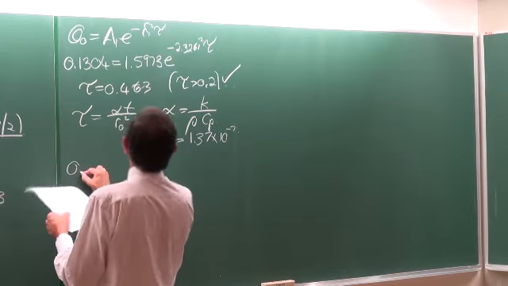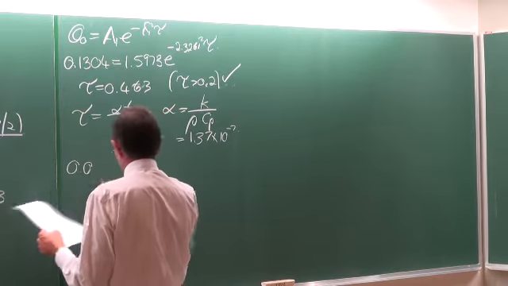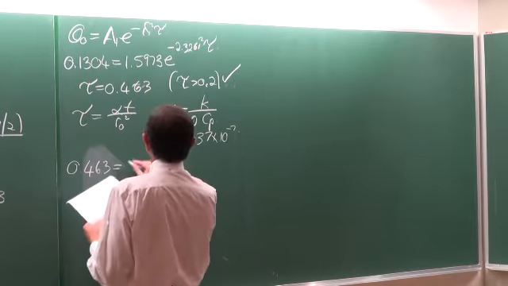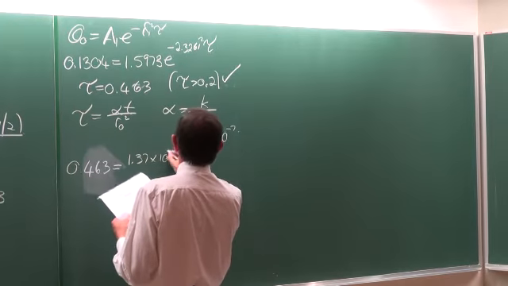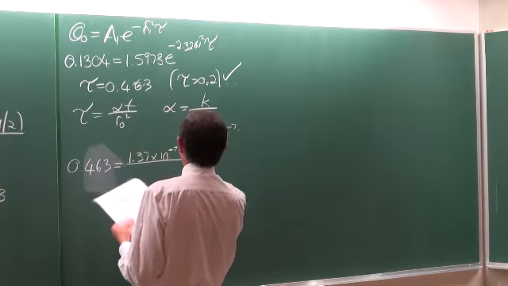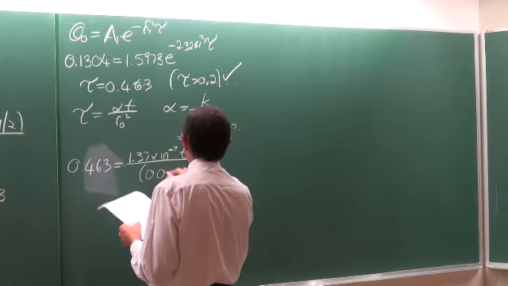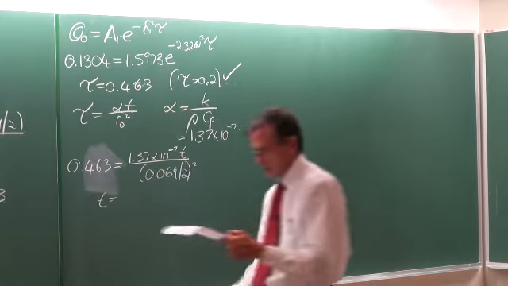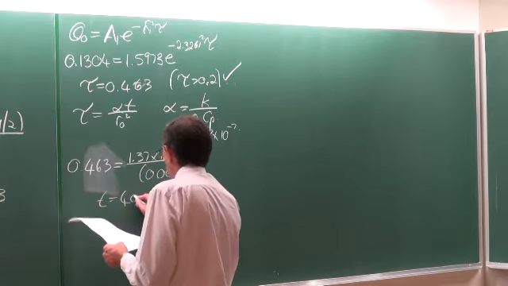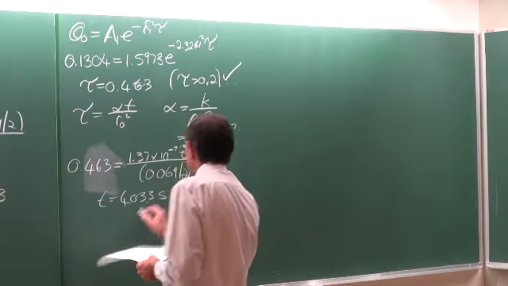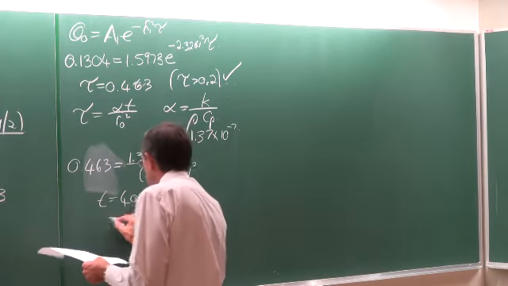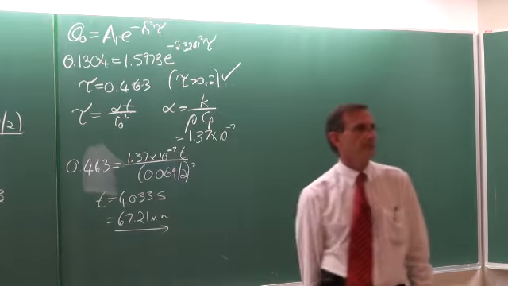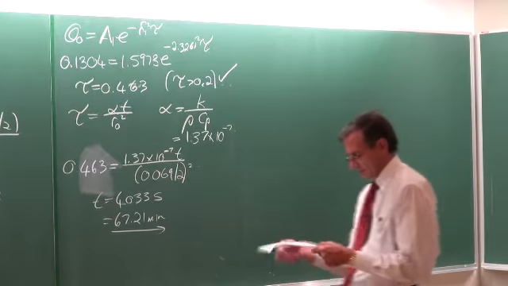And therefore, the non-dimensionalized time, 0.473, is equal to 1.37 multiplied by 10 to the minus 7 multiplied by t divided by 0.069 divided by 2 square. From that, we can calculate the time as a little bit more than 4,000 seconds, 4,033 seconds, which is 67.21 minutes.